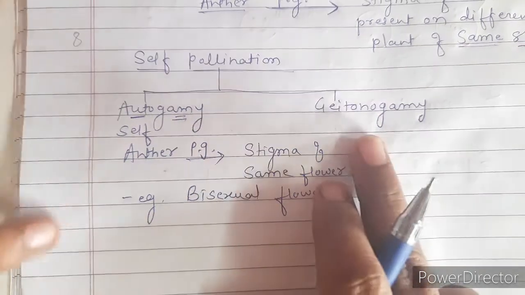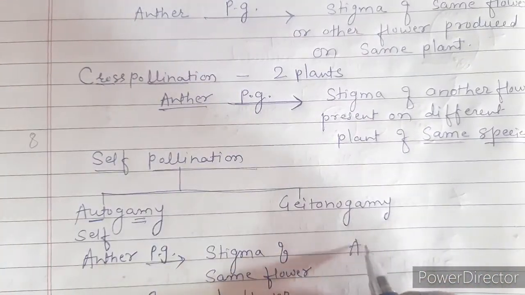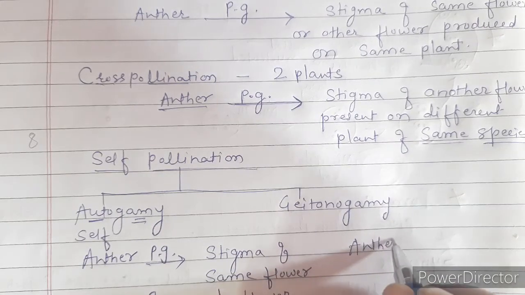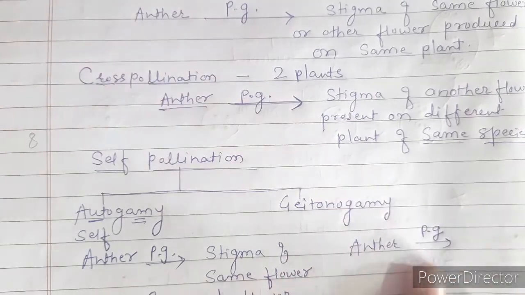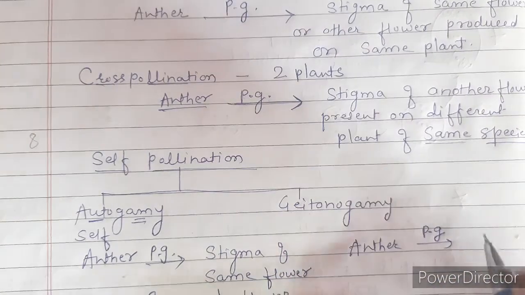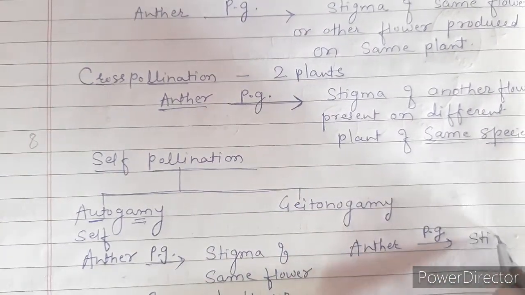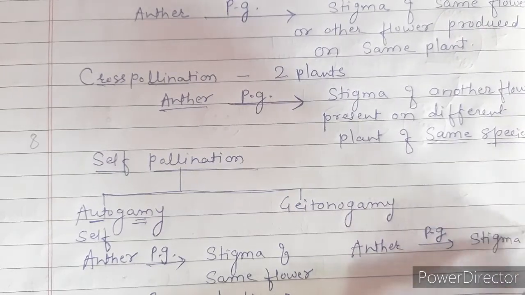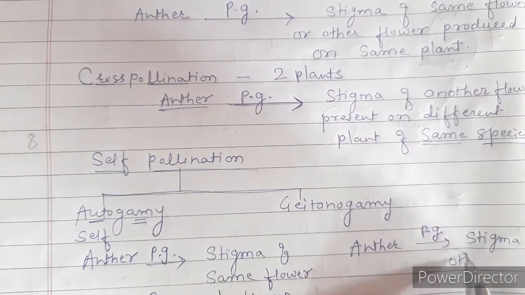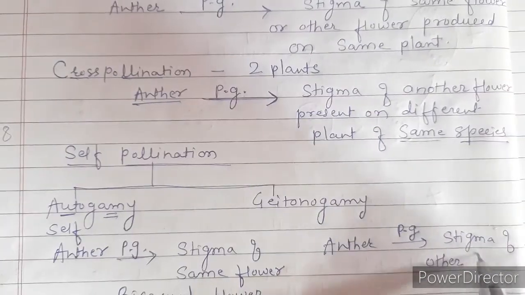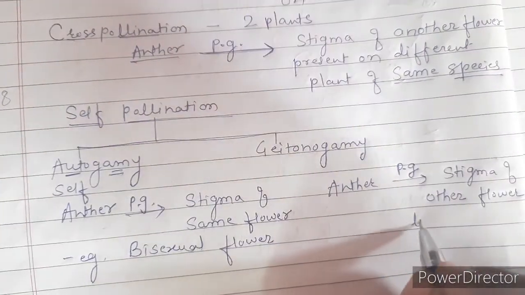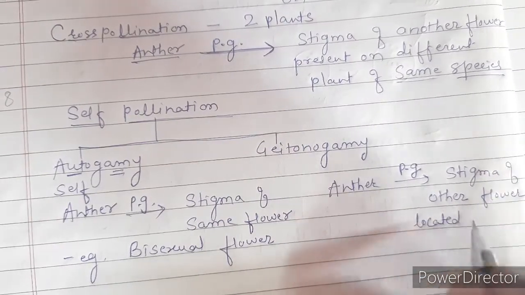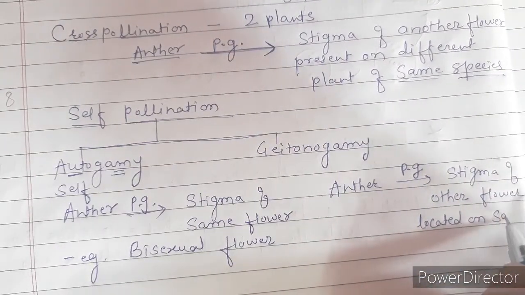Okay. Now, what is geitonogamy? In this pollination, the pollen grains are transferred from the anther to the stigma of another flower located on the same plant.